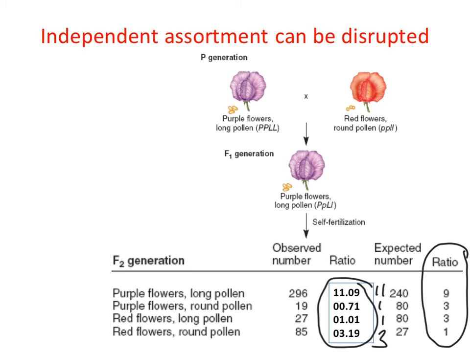That is, what changed? If you could describe in words, what happened? If it's not a 9:3:3:1 ratio, there must be more of somebody and less of somebody else. So what happened? Comparing the observed number of individuals and the expected numbers, we see less of which than we expected to see?